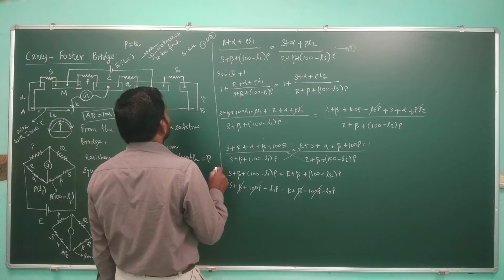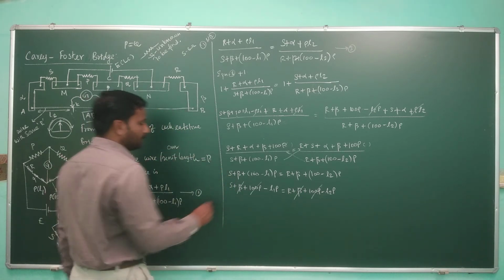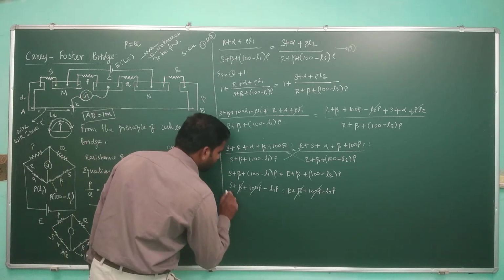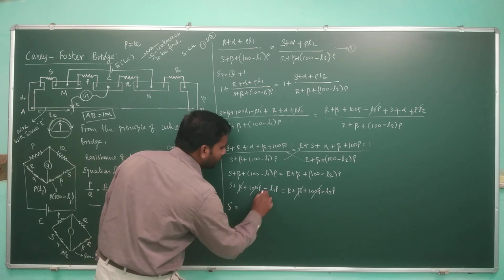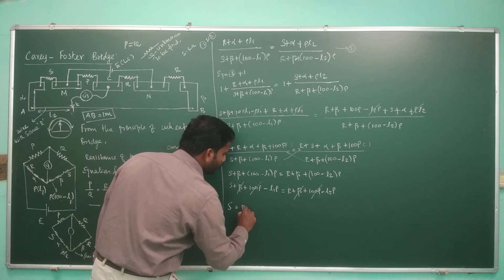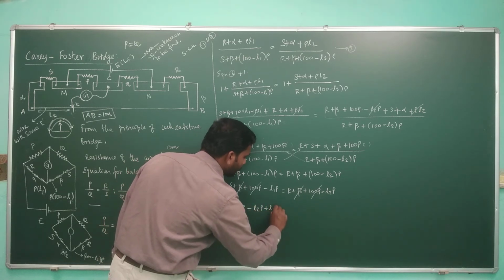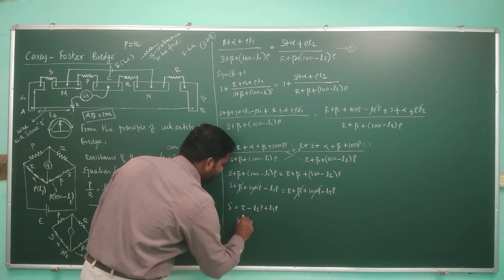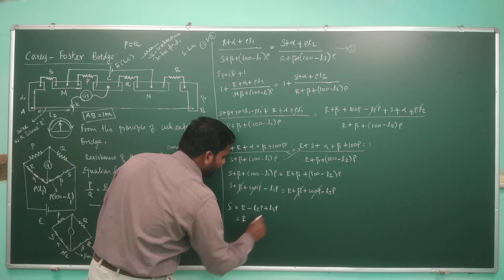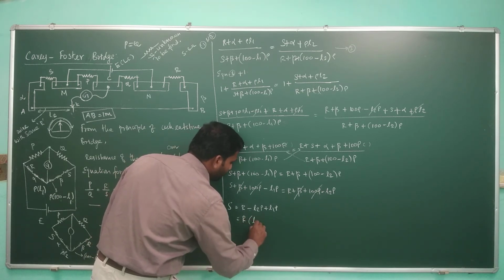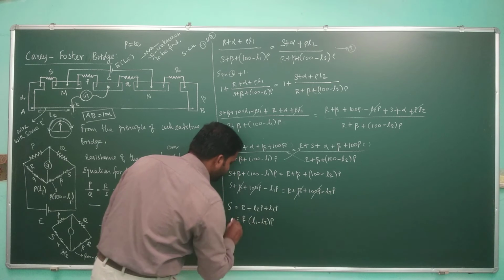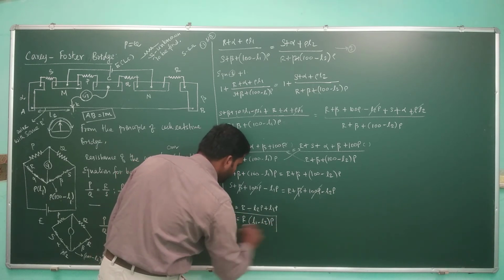We want an expression for the unknown resistance S. So for that you keep S here and you bring the L1 rho to the right side. So S equals R minus L2 rho plus L1 rho. You can take rho outside, so that it is R plus (L1 minus L2) rho. So this is the equation for S.